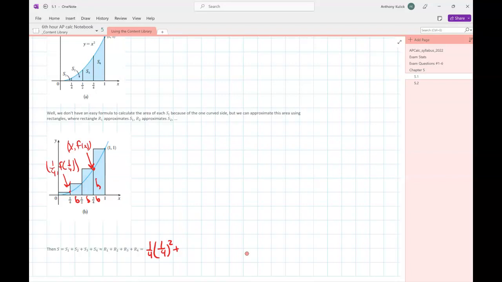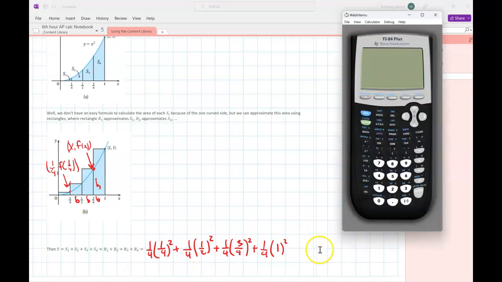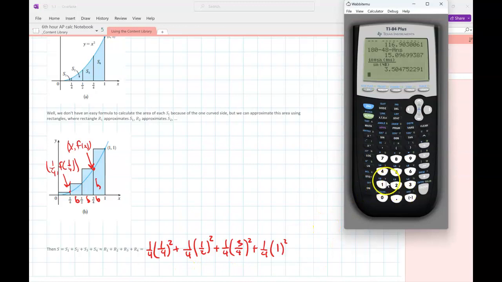I'll go do my next rectangle. The base is still 1/4, and now the height would be 1/2 squared. And I'll just proceed doing this till I calculate the area of each of these 4 rectangles. So let's go ahead and compute that value real quick with my calculator.